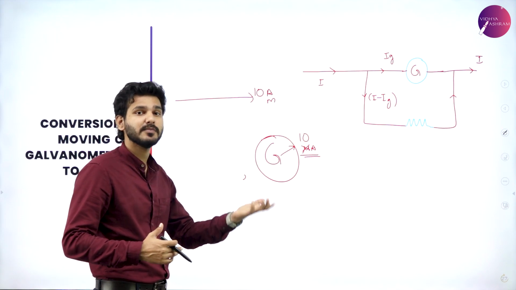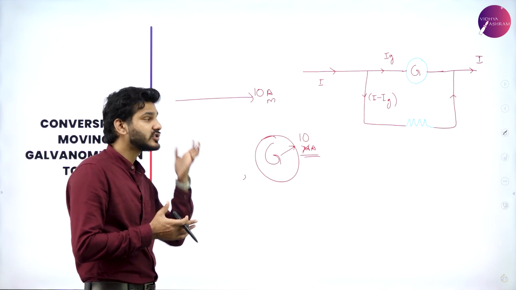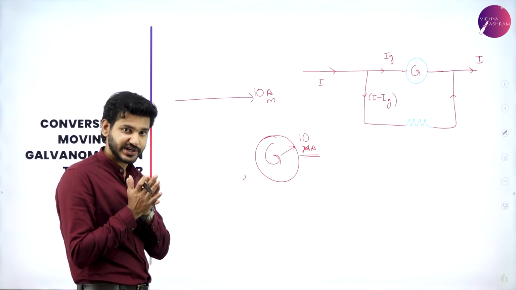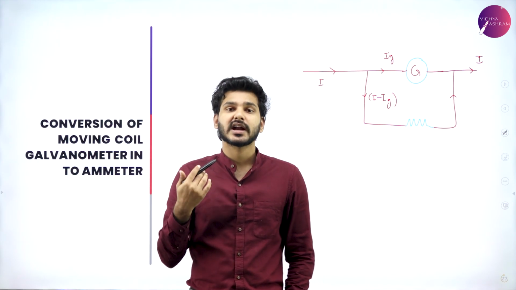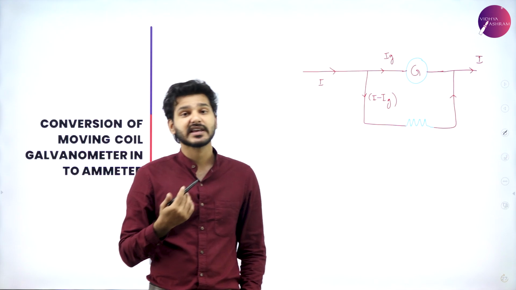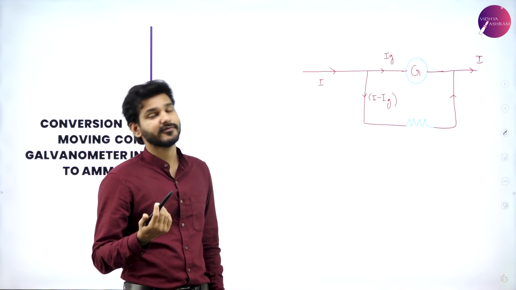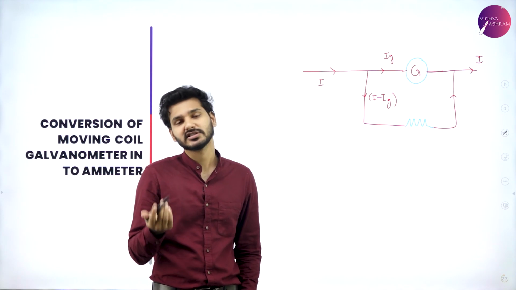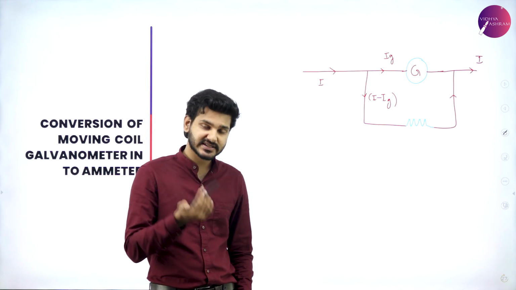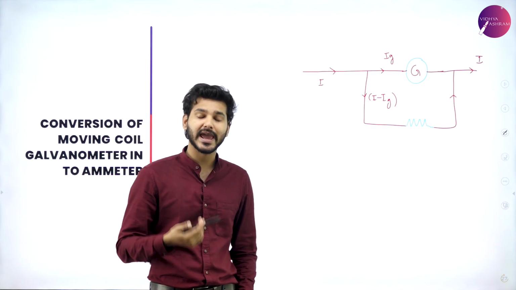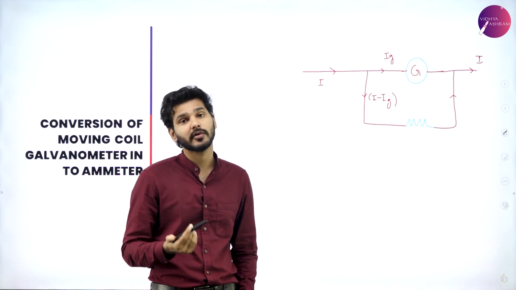So how can I actually make sure that happens? That is where we use a little trick. We know that current chooses the path which has the least resistance. If you have two roads and one is very bumpy and has a lot of gutters, you will instantly try to avoid that, right? Just like that, current will also try to avoid any path which has a higher amount of resistance.